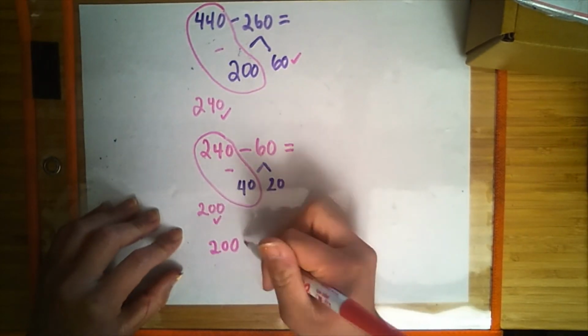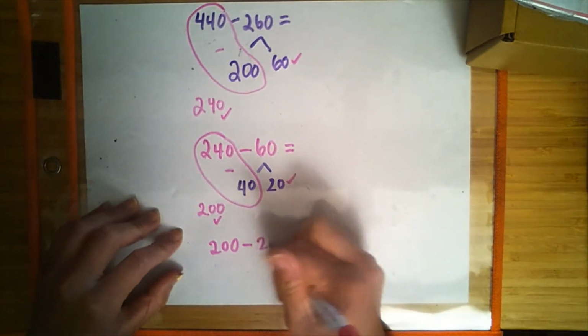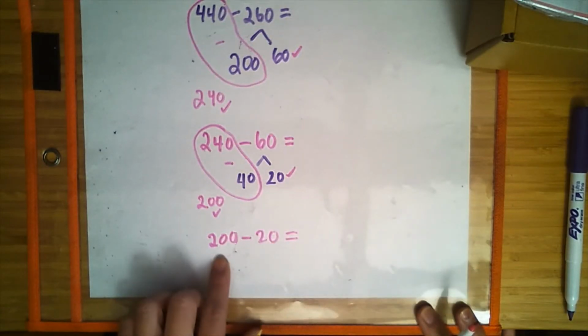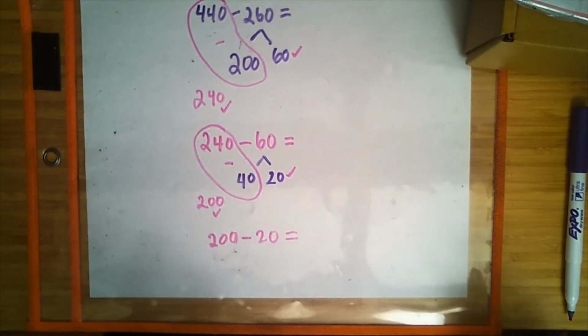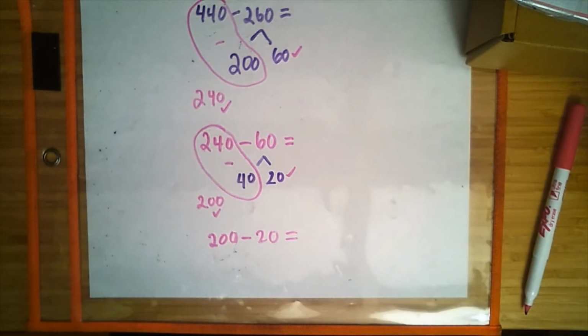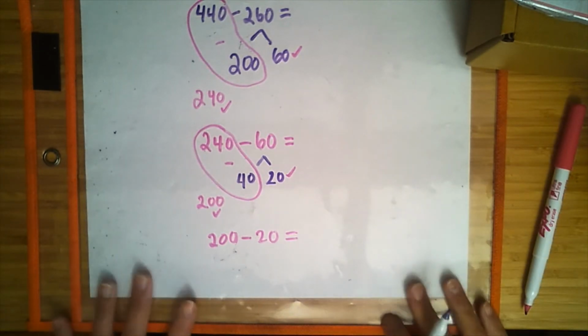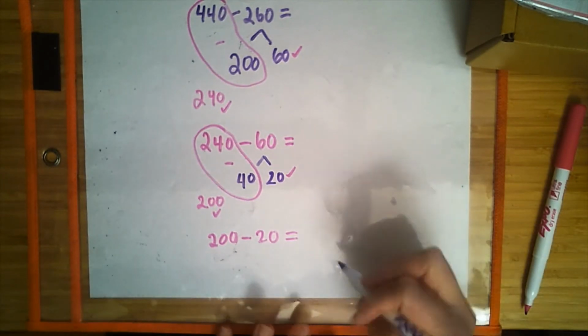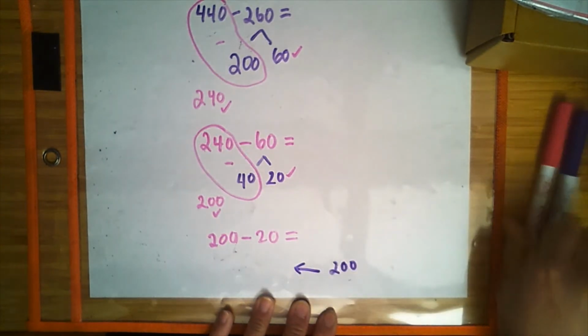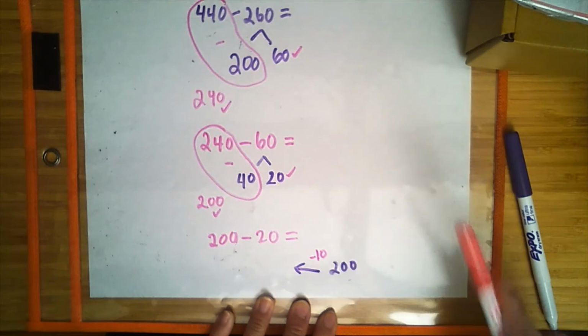That puts me at 200 minus 20. Now my new number sentence is 200 minus 20 equals, this feels kind of scary, my friends, so what you can do is you can do mini number bonds or arrow way, but I'm going to use arrow way to help me out here. I'm going to jump back 10.